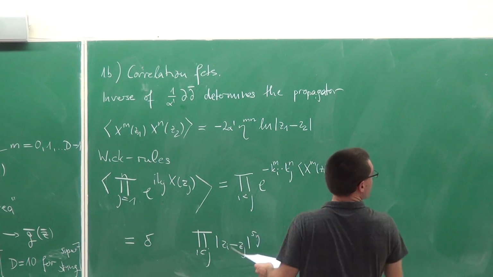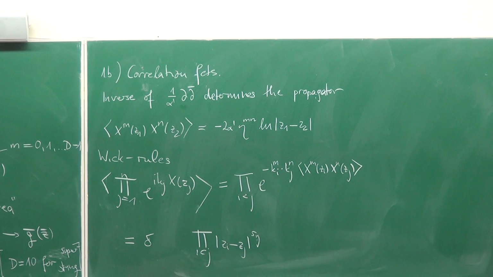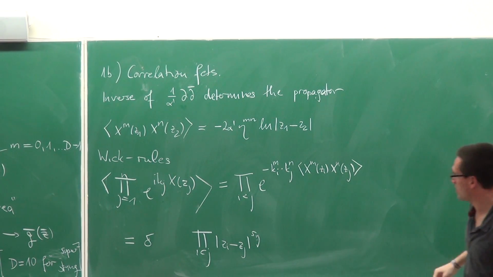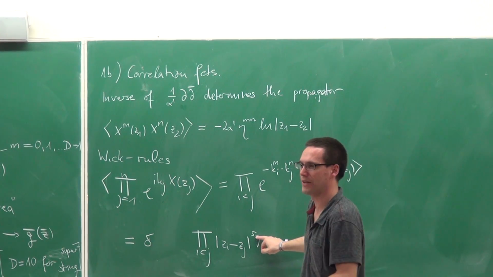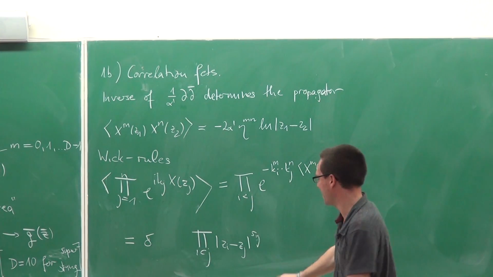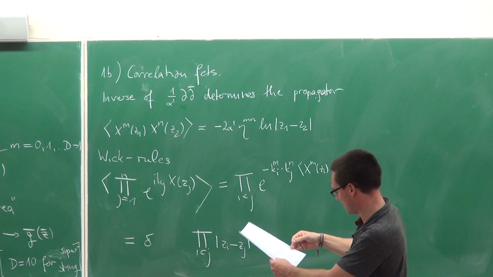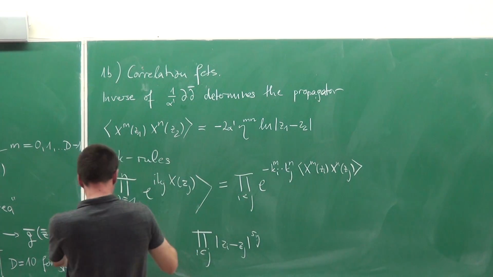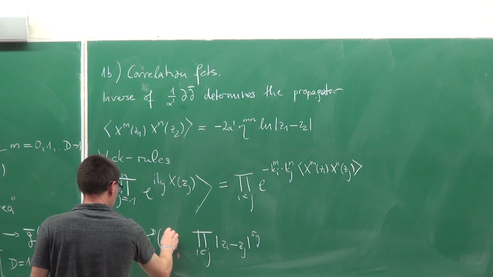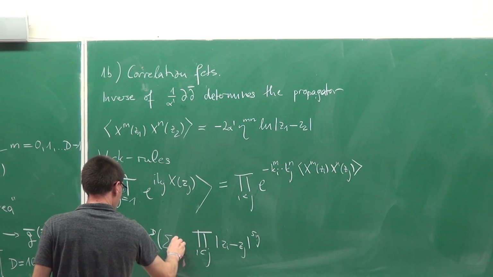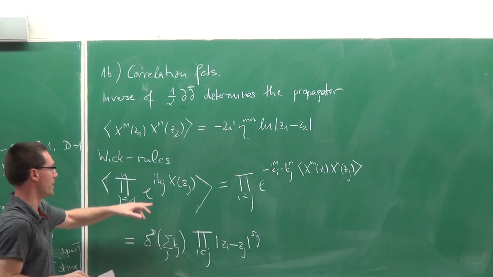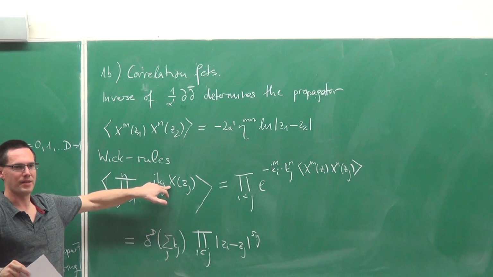So here, remember, this s_ij is defined here, essentially a dot product of the momenta with a factor of alpha prime to make things dimensionless. So it's perfectly legal as a dimensionless exponent. And what you also get is a momentum conserving delta function. This essentially comes from the zero mode part of the path integral.